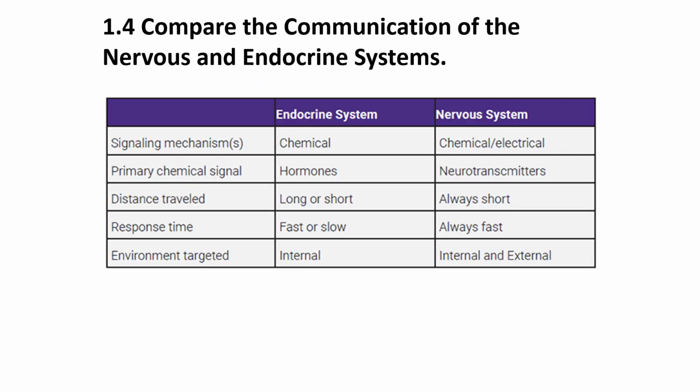So here in this table, you can see a concise comparison between the endocrine and nervous system. The nervous system is going to respond to neurotransmitters, whereas the endocrine system is going to respond to hormones. The signaling mechanisms for the endocrine system are going to be chemical, whereas the signaling mechanisms for the nervous system can either be chemical or electrical.